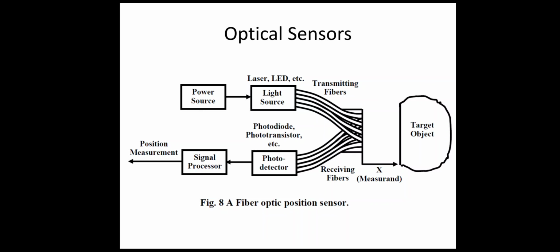The light reflected on the receiving fiber bundle by the surface of the target object is carried to a photodetector. The light source should be a laser or an LED, and a photodiode or phototransistor is used for detection.